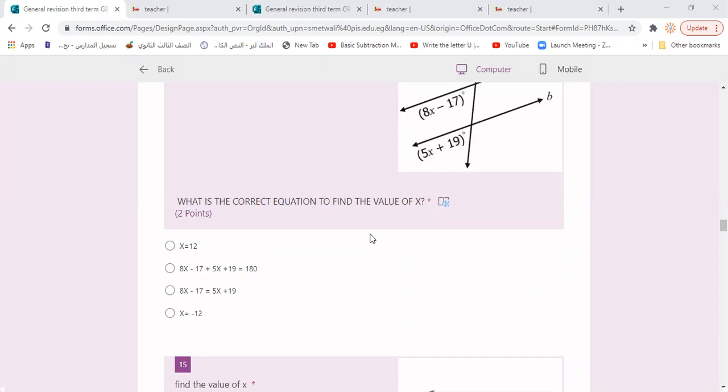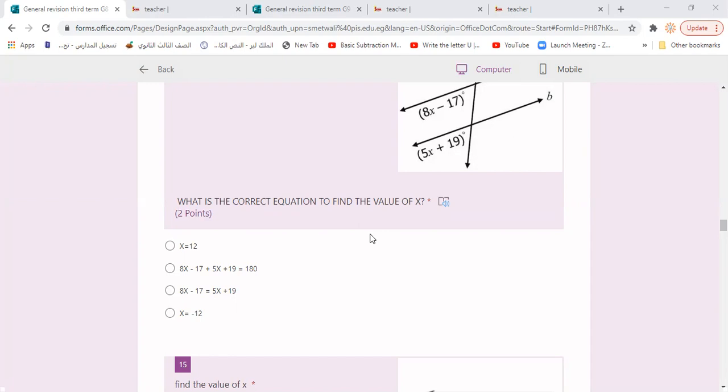The question to all the class: why didn't we choose the rest of the choices? Equation, it's the third one. I know that this is the right answer, but my question is why you didn't choose the rest of the choices? What's your reason?